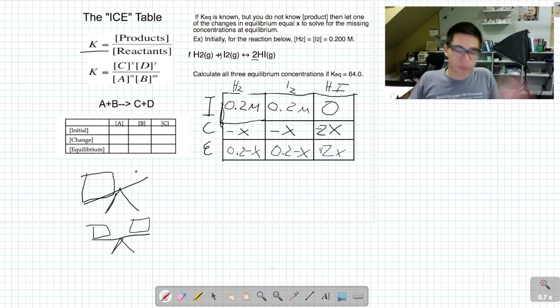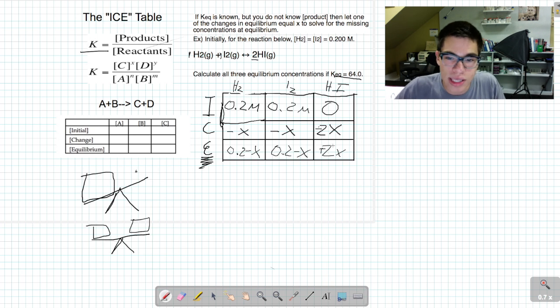When we first started the video, I said that our equilibrium constant is going to be involved in here. What do you know, the problem gives us an equilibrium constant, K_eq. It is the concentration of products at equilibrium divided by the concentration of reactants at equilibrium. We have a nice little E row that tells us the concentration of our reactant at equilibrium is 0.2 minus x, and the concentration of product at equilibrium is 2x.